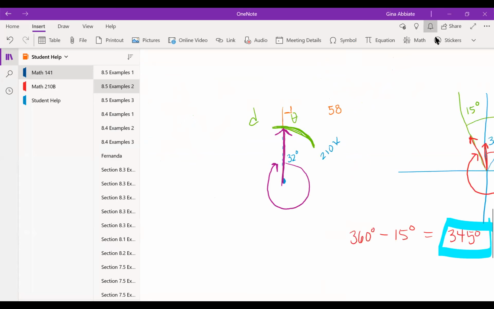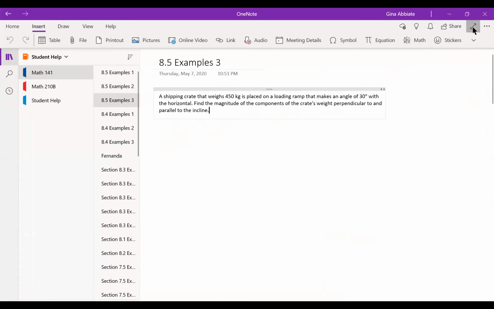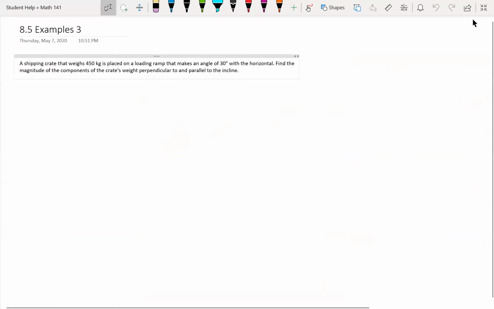Okay, I think I have one more application problem to show you. This is a common sort of physics problem that you might encounter, those of you that are taking or will eventually take physics. We have a shipping crate that has a certain weight and it's on a loading ramp, and the ramp has a 30-degree incline.